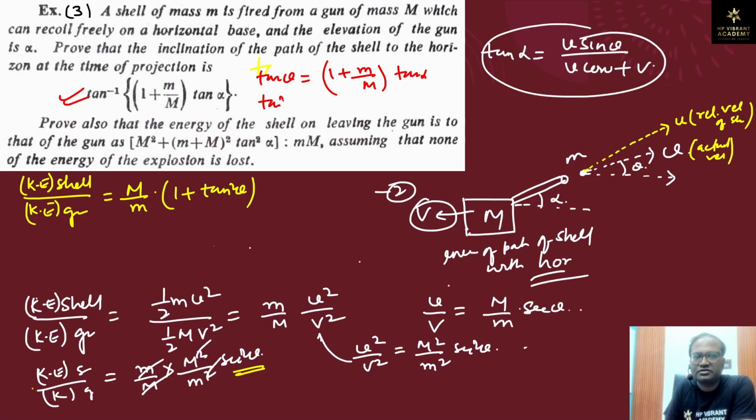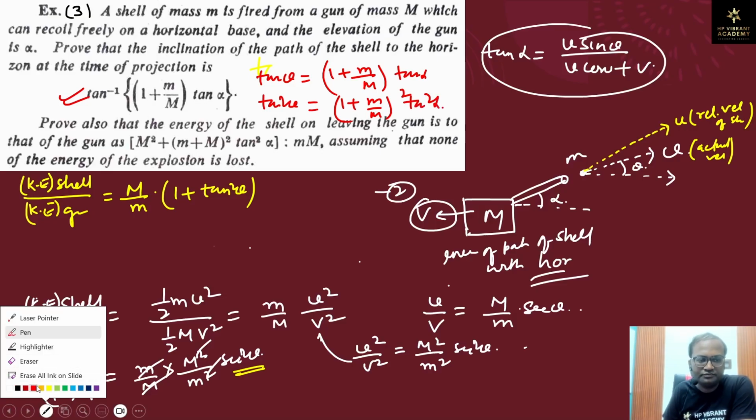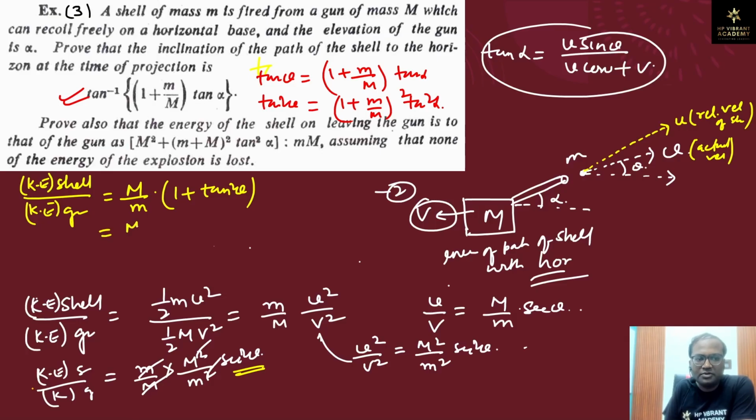So we have tan square theta is equal to 1 plus small m upon capital M whole square tan square alpha. So this will be equal to capital M upon small m into 1 plus 1 plus small m upon capital M whole square into tan square alpha.